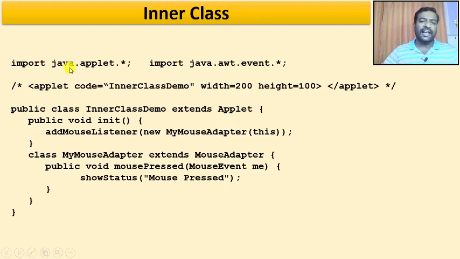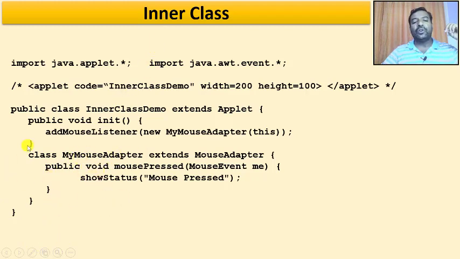Now just look at the simplicity we have achieved here using this inner class. I'm going to initialize an adapter or a mouse listener by using the class that I have defined. And if you observe, instead of putting this class outside, I made this a nested class. This is what we call an inner class.